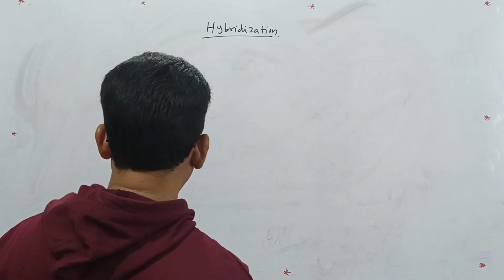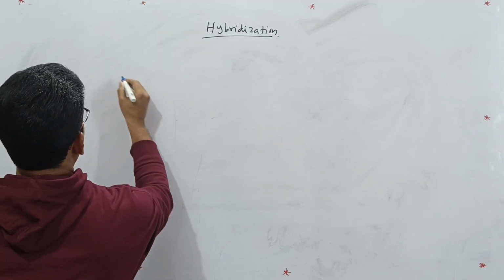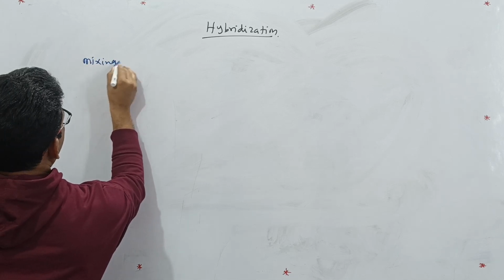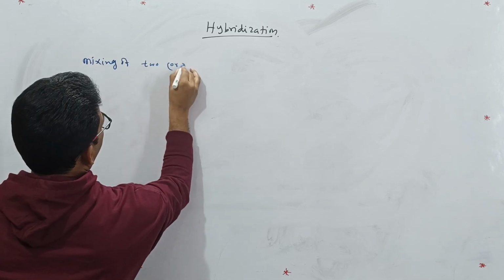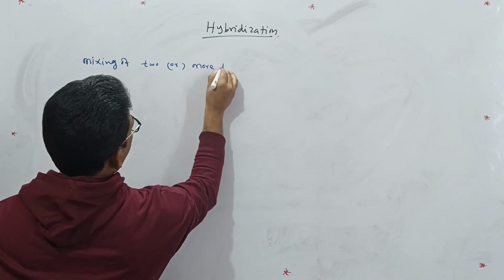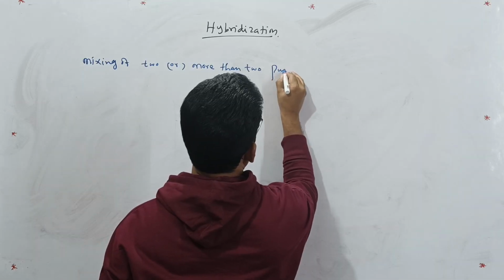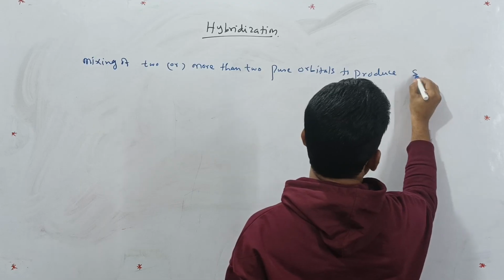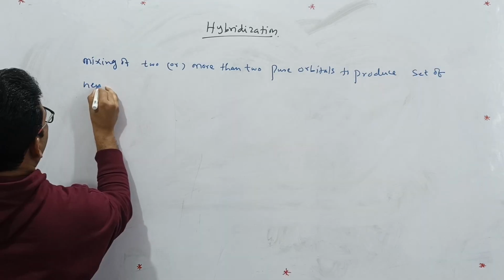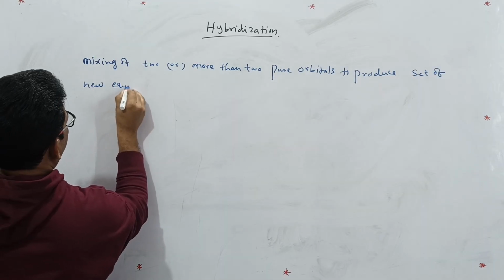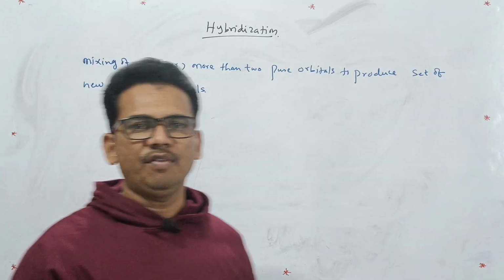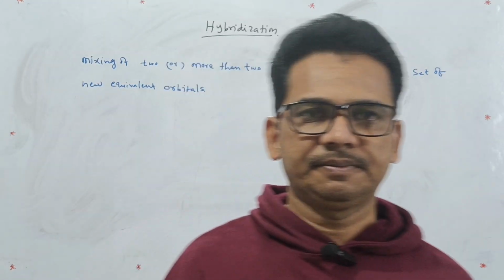But what I told you about hybridization: hybridization is nothing but mixing of two or more than two pure orbitals to produce a set of new equivalent orbitals.